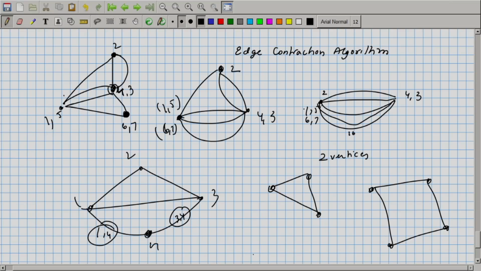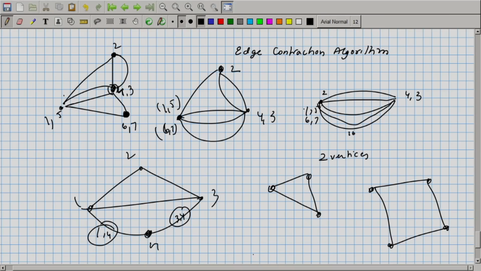The edge contraction algorithm may succeed with some probability. What is that probability? If it is an extremely small probability, then we do not really gain anything, but if it is a reasonable probability, what is extremely small and what is reasonable, we will specify in a while.